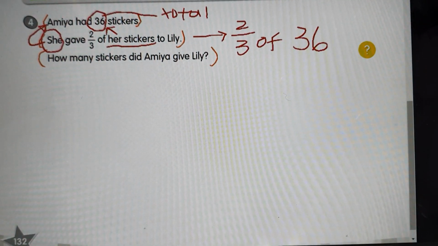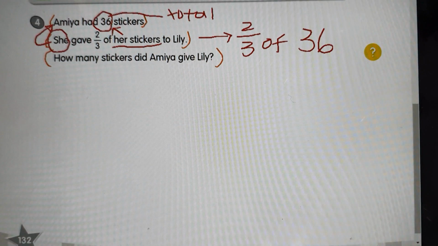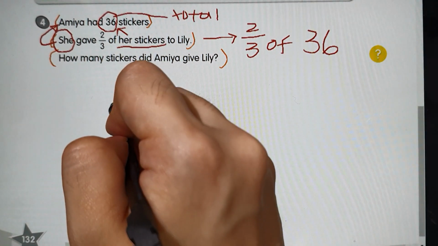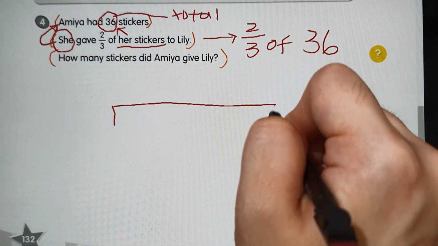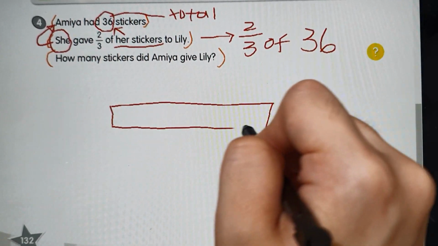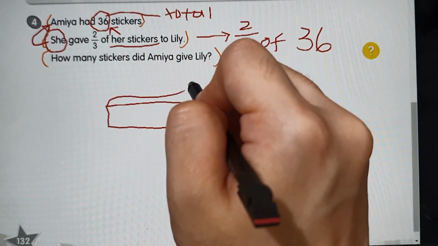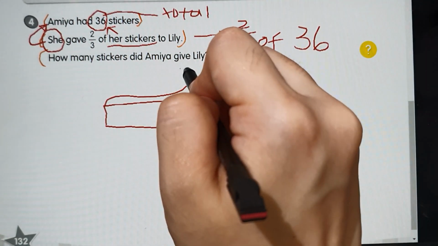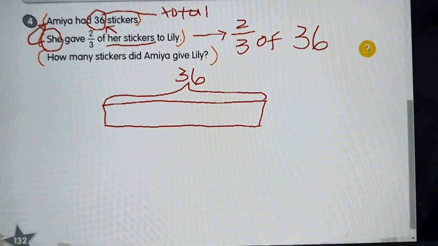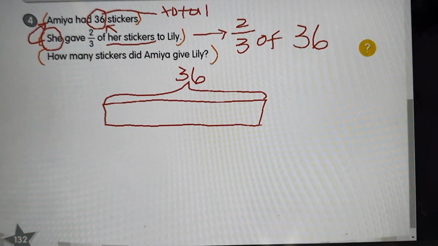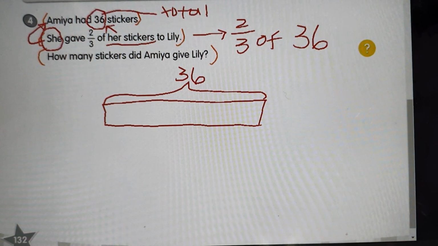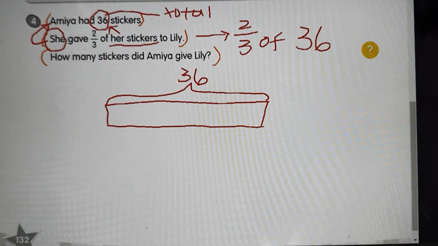So how do I present this in the form of a model? First thing first, you will draw a bar and label it as 36. So for this bar, am I going to cut into 2 parts or 3 parts?